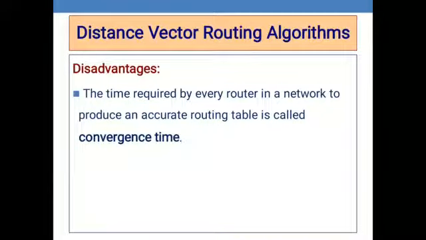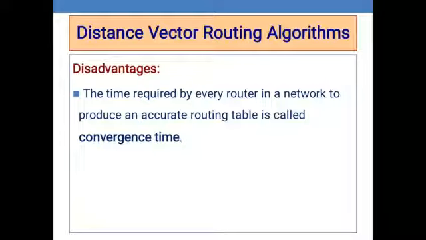This is one of the drawbacks of the distance vector routing algorithm. Another one is convergence time. So what does convergence time mean? It is the time taken for a set of routers to all have the same topological information about the internetwork in which they operate. We have n number of routers in the network, and each and every router maintains a routing table.